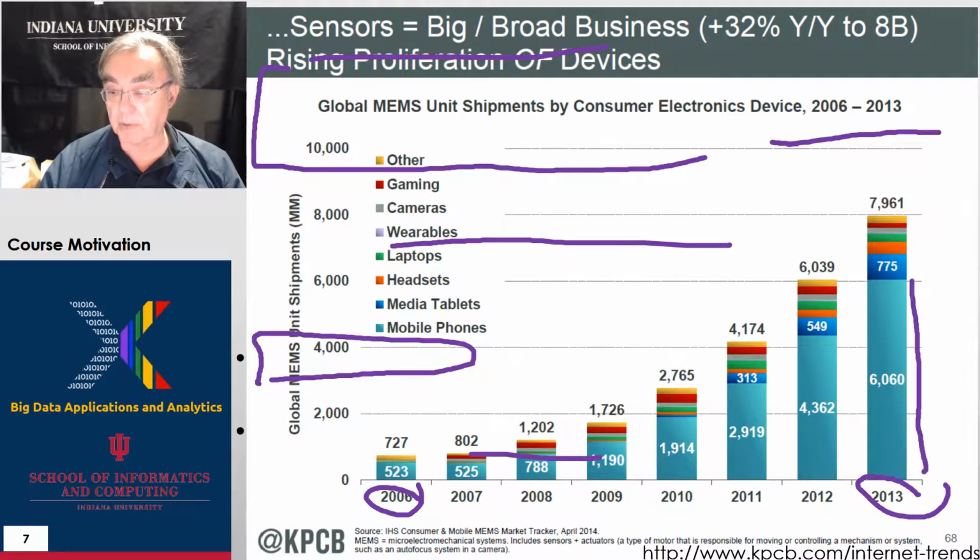Here we are, mobile phones, the light blue. Then we have media tablets, headsets, laptops, wearables, expected to be a huge source, and some from gaming as well. So anyway, there's a lot. This is the current source of the Internet of Things.